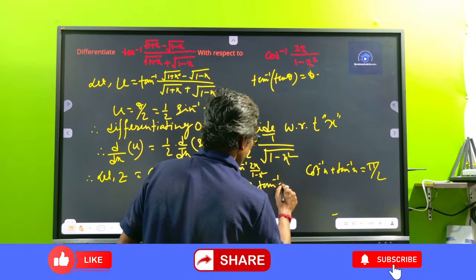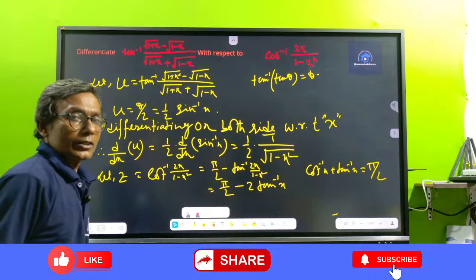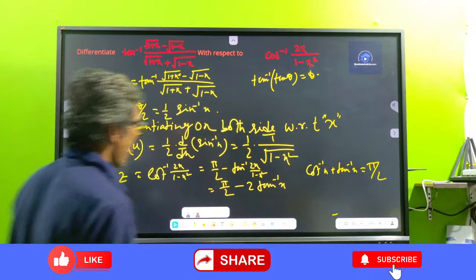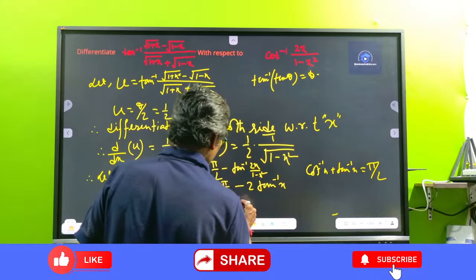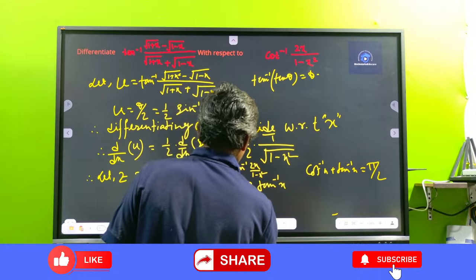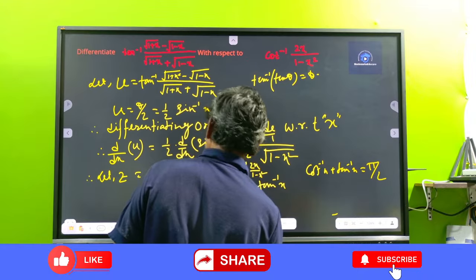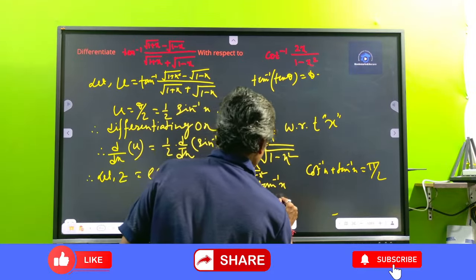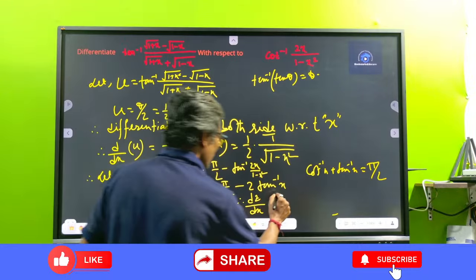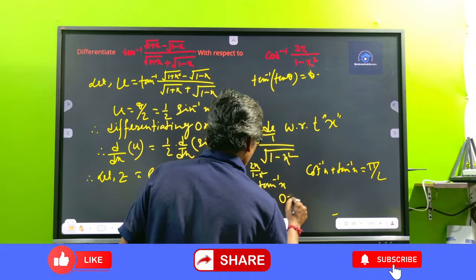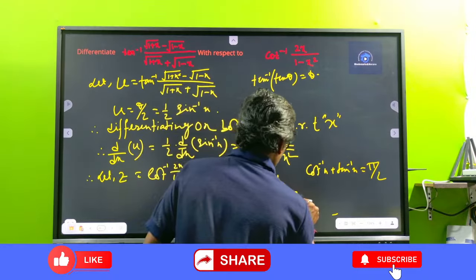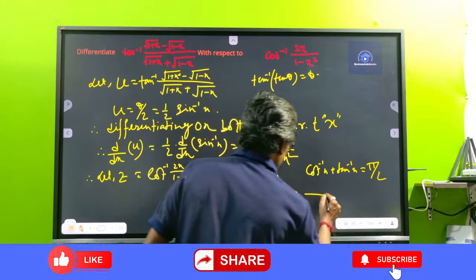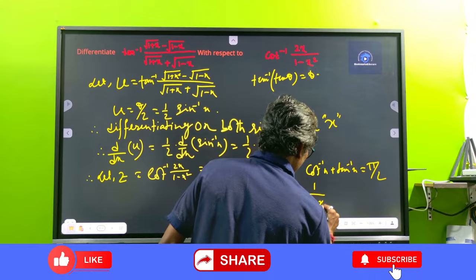This is also a formula belonging to inverse trigonometric functions. So differentiating on both sides with respect to x, we get d by dx of pi by 2, which is 0, minus 2 into d by dx of tan inverse x, which is 1 by 1 plus x square.